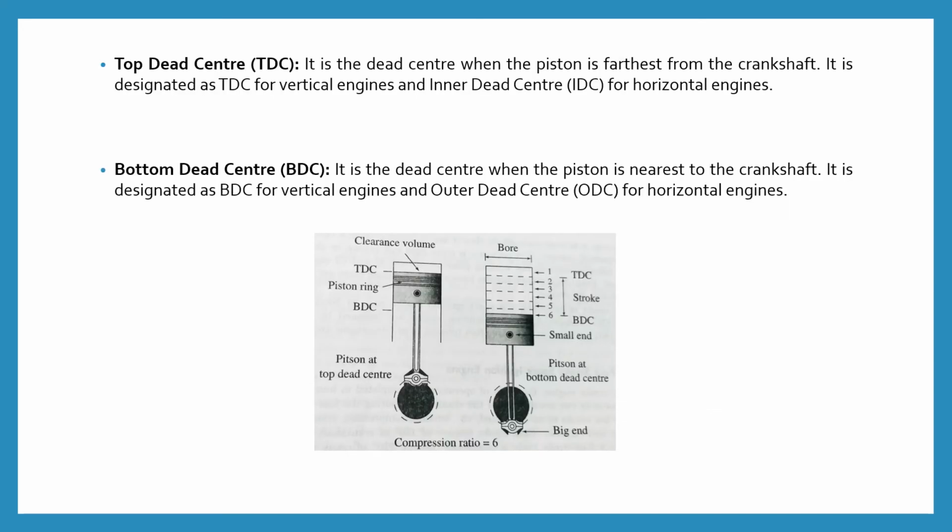The top dead center is the dead center when the piston is the furthest from the crankshaft, and it is designated as TDC, top dead center, for the vertical engine, and inner dead center or IDC for the horizontal engine.